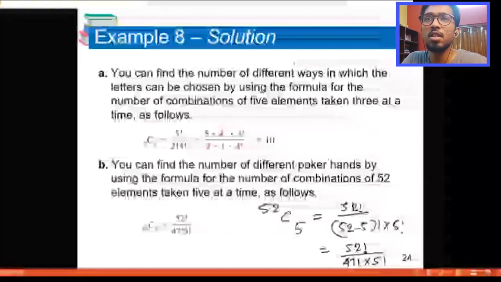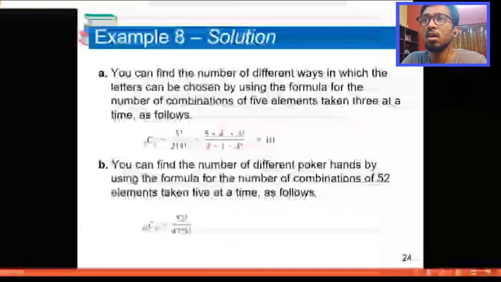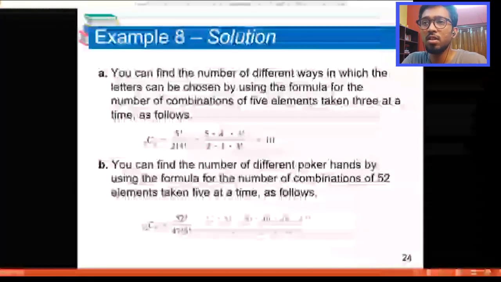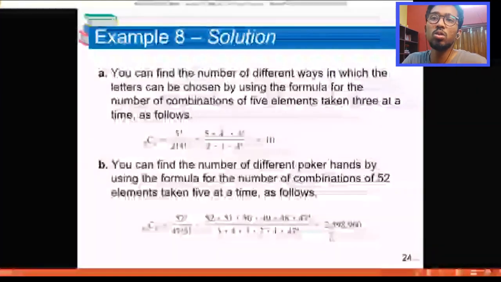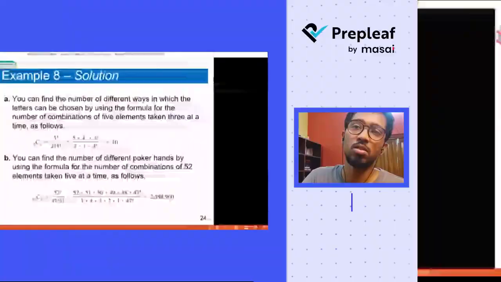If you simplify this, you will get 2,598,960 possible combinations. So that is the answer.